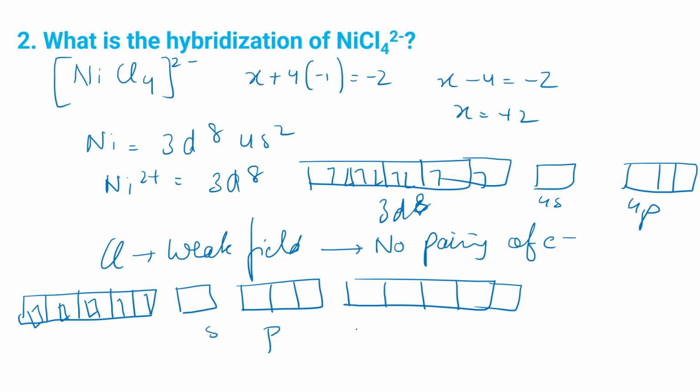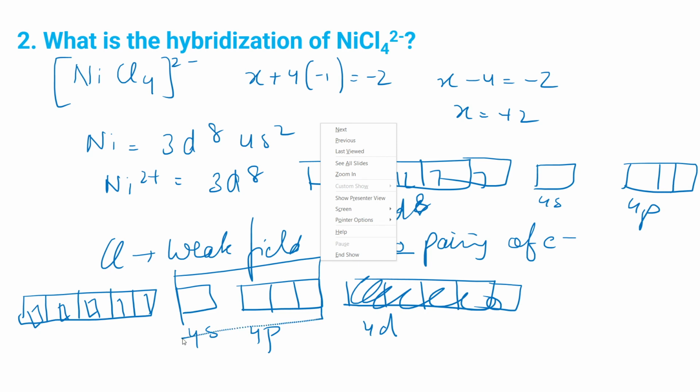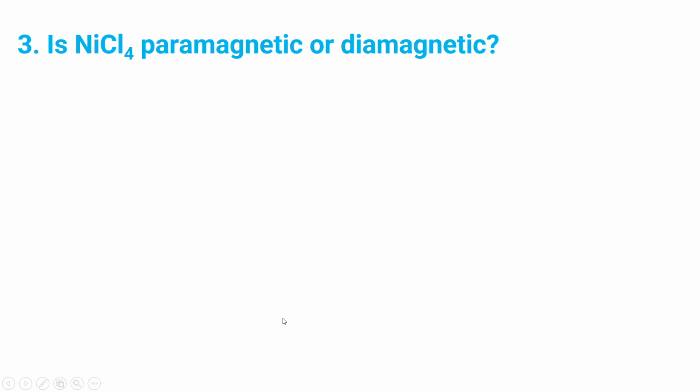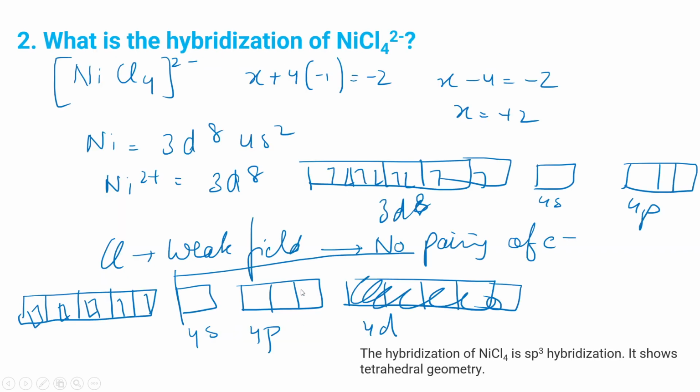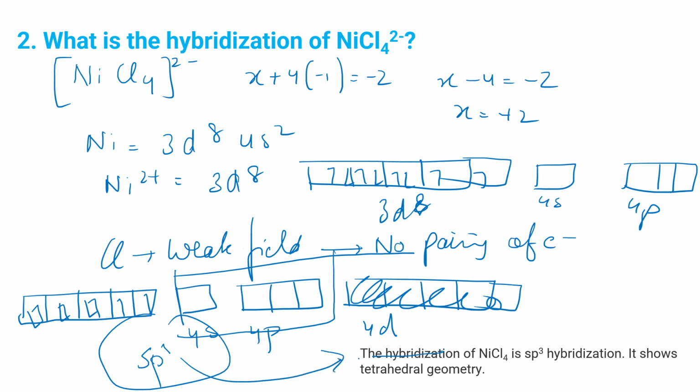For 4 ligands, we will need 4 hybrid orbitals. Those 4 hybrid orbitals will be used as sp3, and therefore the hybridization will be sp3. This is our hybridization sp3, and the geometry will be tetrahedral.